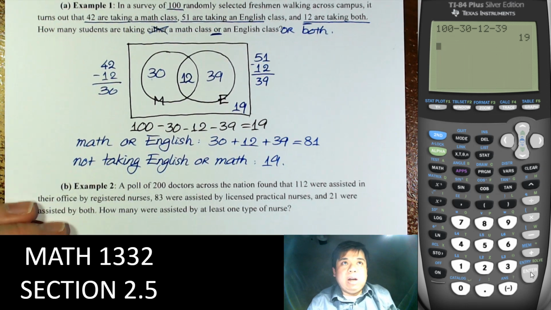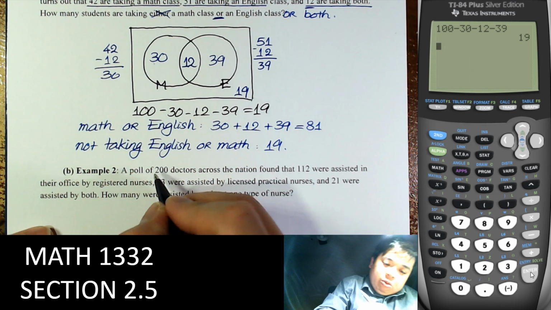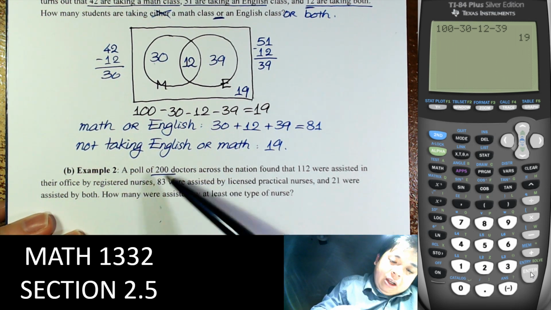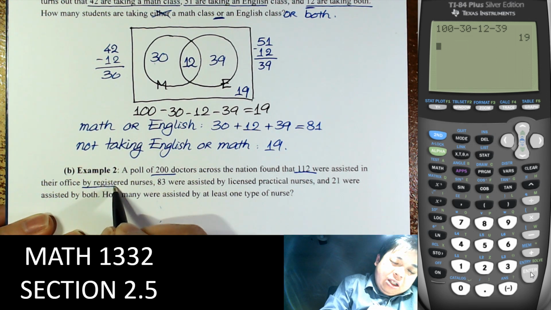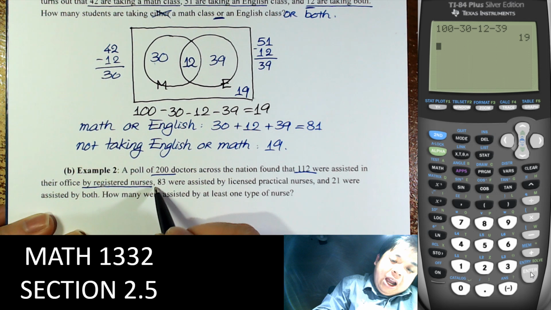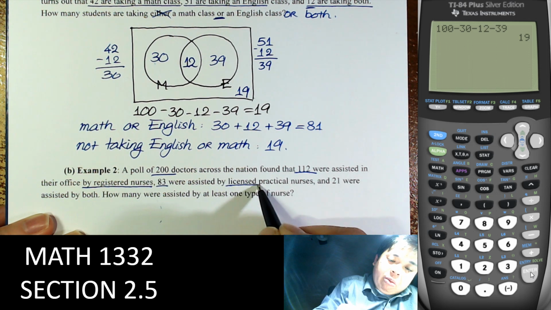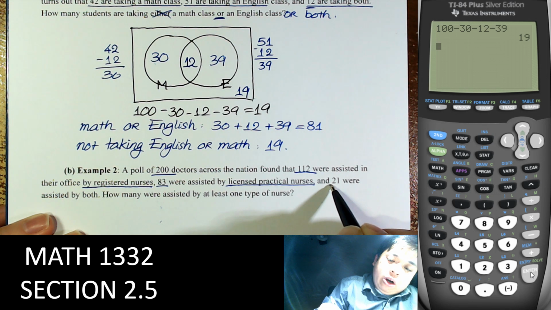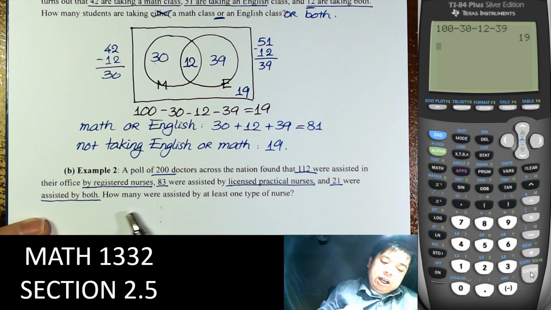Right, next, a poll of 200 doctors across the nation found that 112 were assisted by registered nurses, and 83 assisted by licensed practical nurses, and 21 were assisted by both.